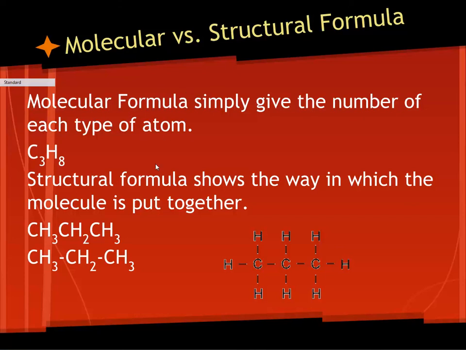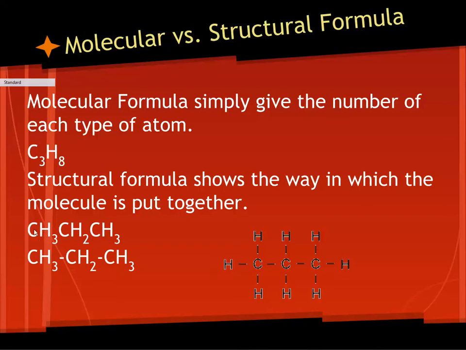What you saw on the last slide was the structural formula right here with the CH3, CH2, CH3. That's showing you structurally how it's put together with the number of atoms. But the molecular formula is the simplest and probably what you've been familiar with up to this point, which just gives the number of each type of atom. So you have 3 carbons and 8 hydrogens in this particular molecule. But structurally, it's showing you that it's put together in 3 segments.